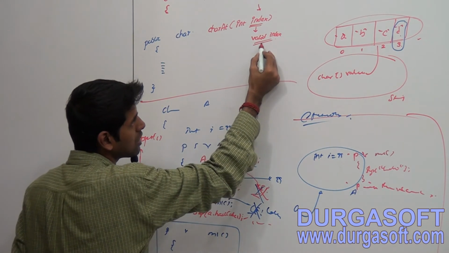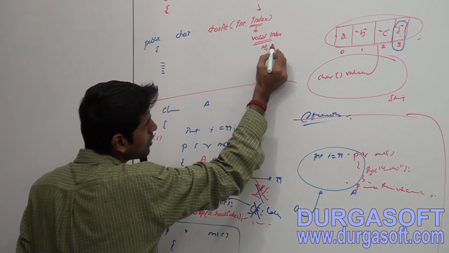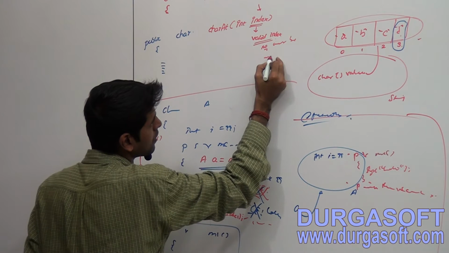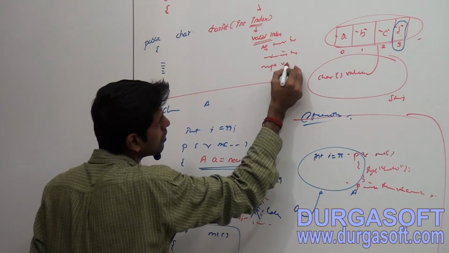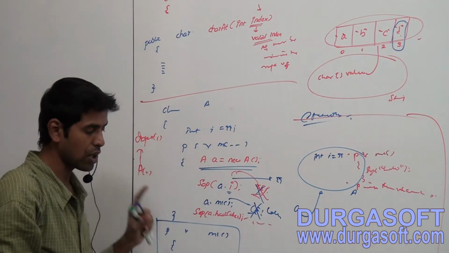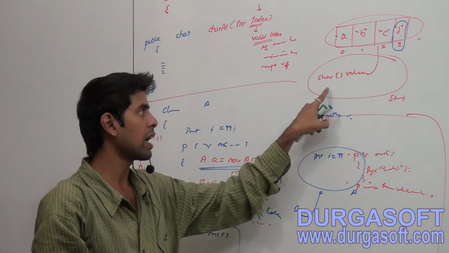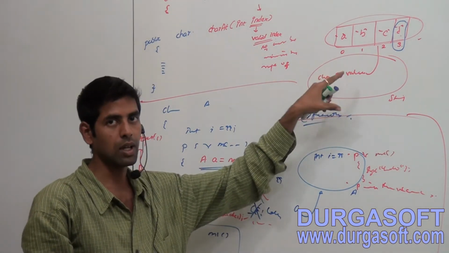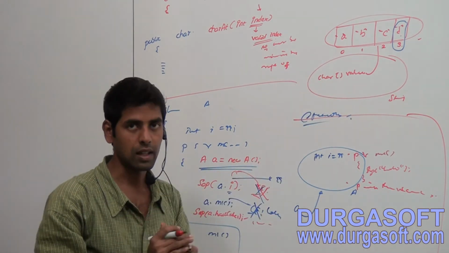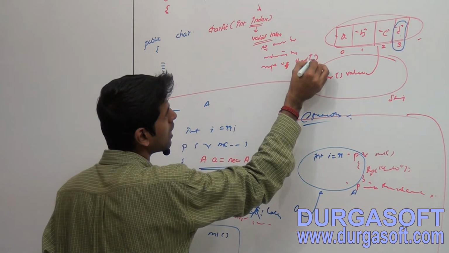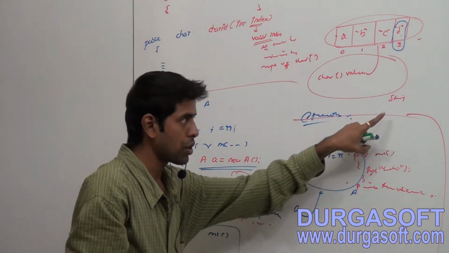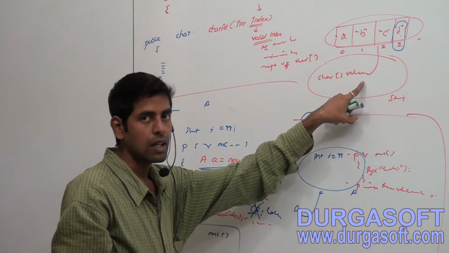Meaning this valid index number must be within the range of this char array, that is the value array, meaning the string object data.